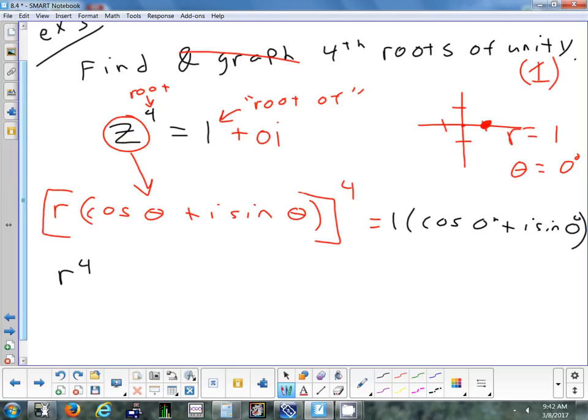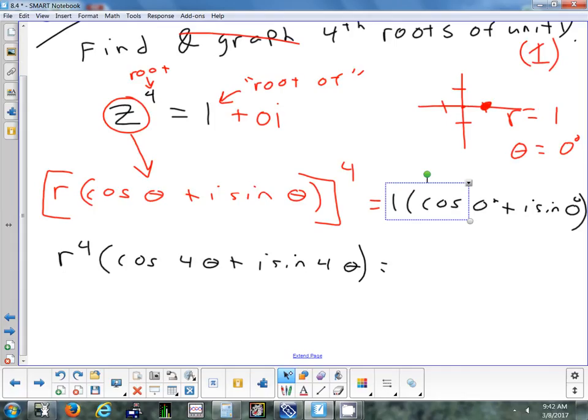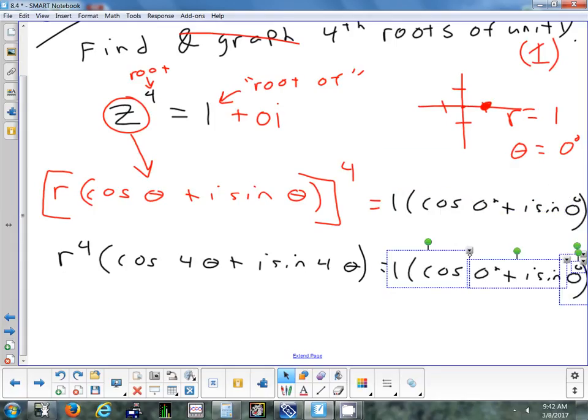Radius gets raised to the power. And then what do we do with the angle and the power? Multiply them. And then what's on the other side? It's just going to be the same thing. Let's just copy that down again.